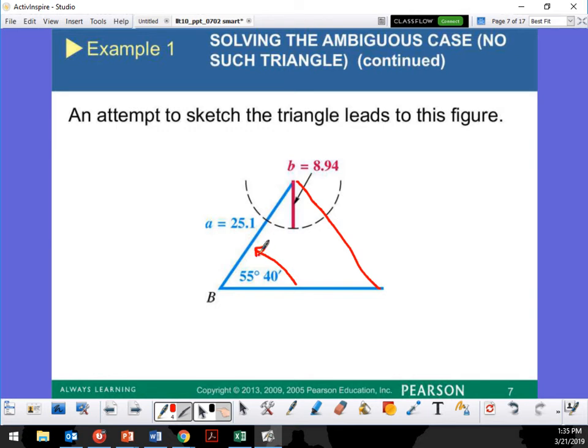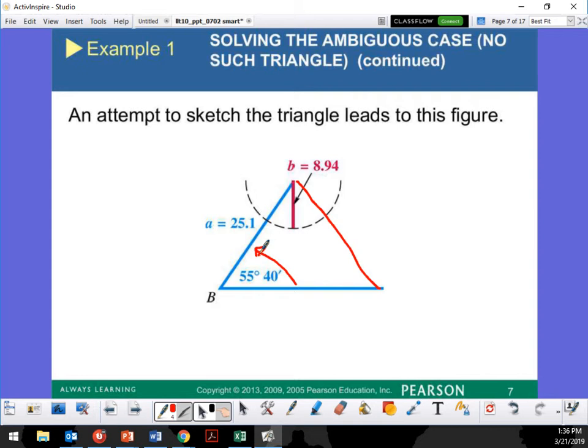And that is 25.1 long. The largest angle in a triangle has to be across from the largest side, not the hypotenuse, because we're not dealing with right triangles, are we?